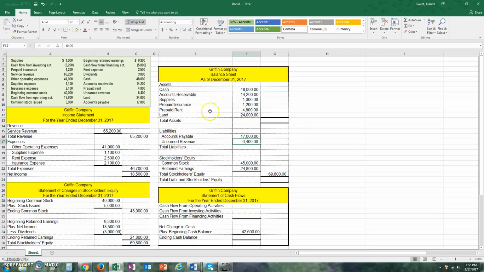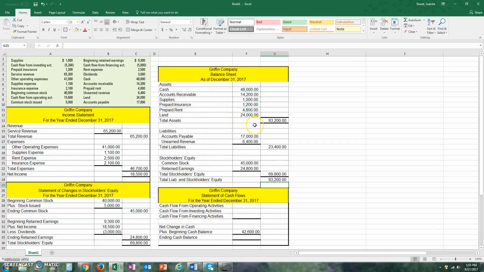So let's check. Total assets, $93,200. Our total liabilities are $23,400. We're going to add liabilities to equity and make sure that they do indeed meet the total assets.